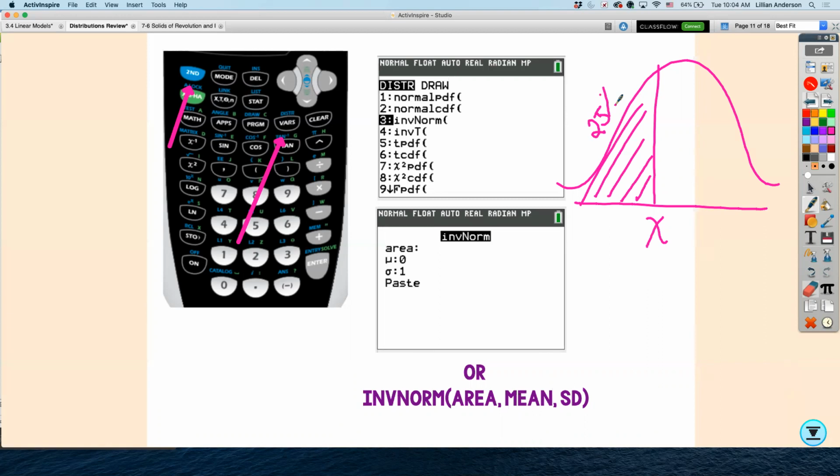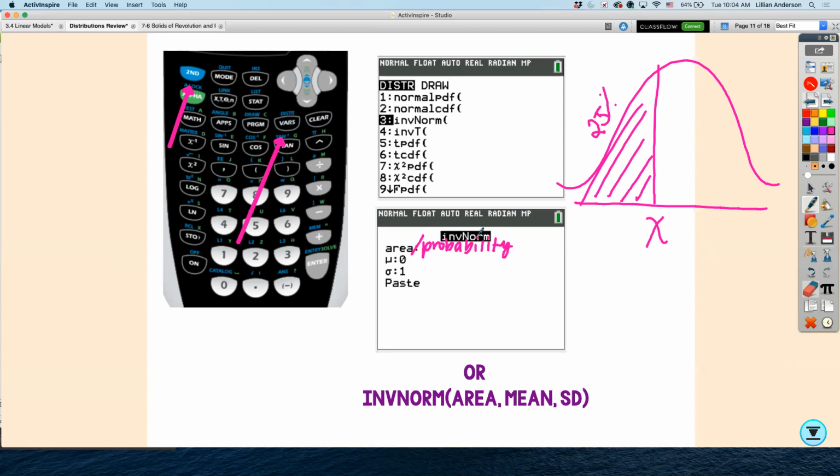Again, second bars took us to this distribution set. Inverse norm was option 3. For the majority of us, it would be the area, AKA the probability, then the mean, then the standard deviation.